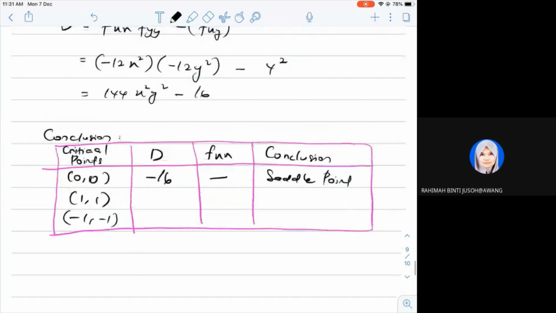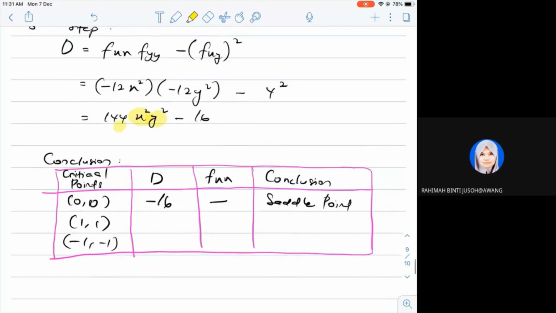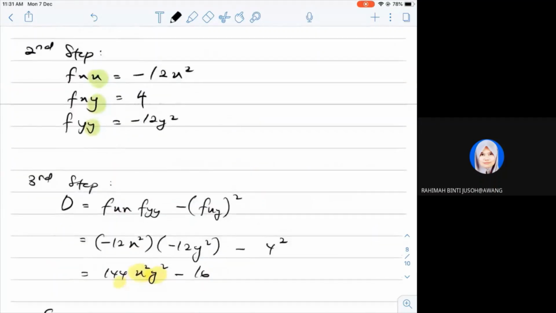Okay, next. Substitute X dengan Y ni dengan 1, 1, positive 1, 1. 144 minus 16. Calculate your D now. What should you get? 128. Okay, now D dia positif kan? So bila positif kena cari fxx. So fxx kalau you substitute positive 1 dalam ni, tadi kan coordinate 1, 1 kita test.